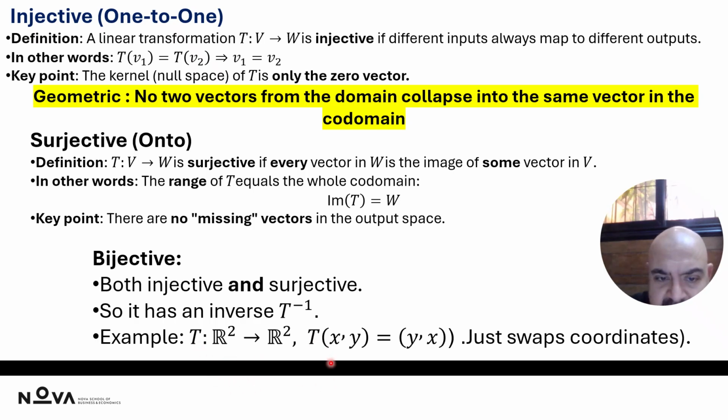So T of (x, y) mapping to (y, x) is an example of a transform that is both injective and surjective at the same time. I think this idea completes the definitions of injectiveness, bijectiveness, and surjectiveness, and we will go through them later, inshallah, in detail.